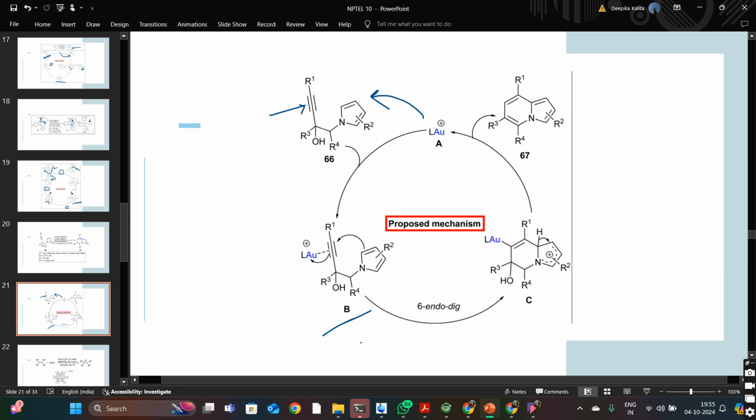And this intermediate B is going to undergo hydroarylation from this pyrrole ring to form this 6-membered ring to give us the intermediate product C. Okay, and in the workup stage, this product is now going to undergo aromatization and dehydration at this position to give us our desired product, compound 67.